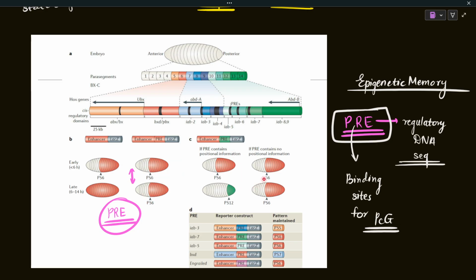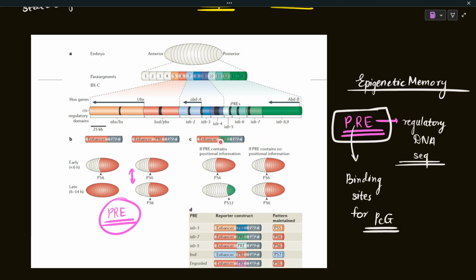In this case, the PRE coupled with the enhancer is from a different region. This was done to check whether the PRE contains positional information or not. They found that the PRE does not contain any positional information.